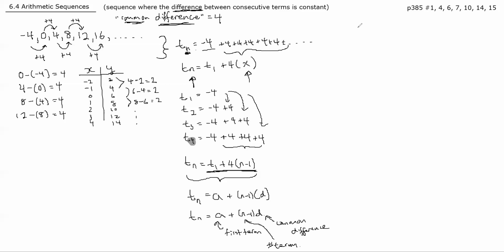That's it. So the meat and potatoes of this section is this formula. And if we say that it is an arithmetic sequence, you can assume that the sequence is going to follow this particular formula.